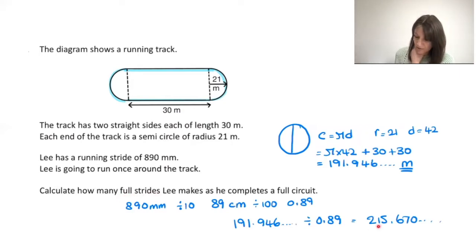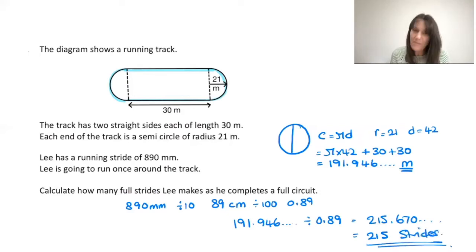He does 215 full and then a bit of one. So he's going to do 215. He doesn't do 216, so we can't round to 216. So 215 strides is the answer to that one.